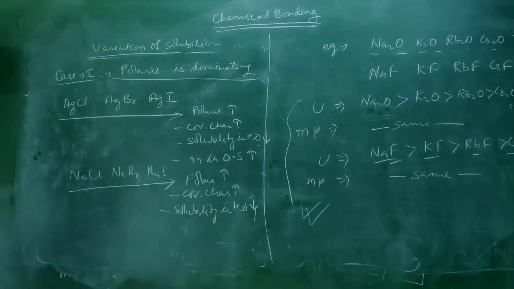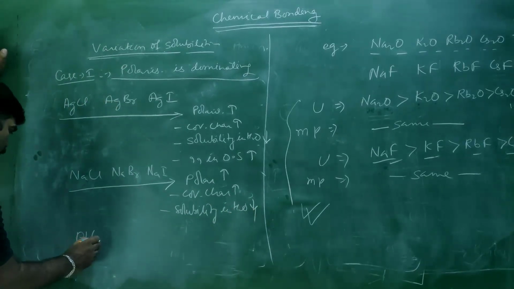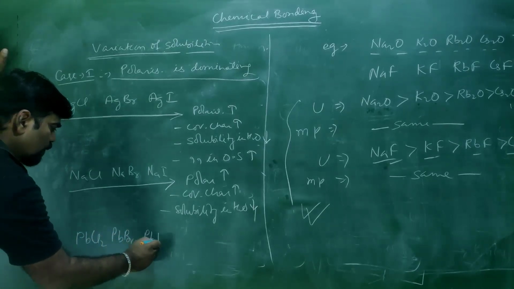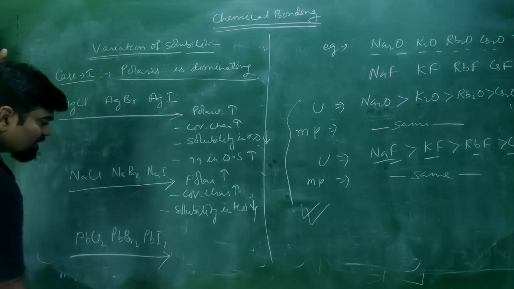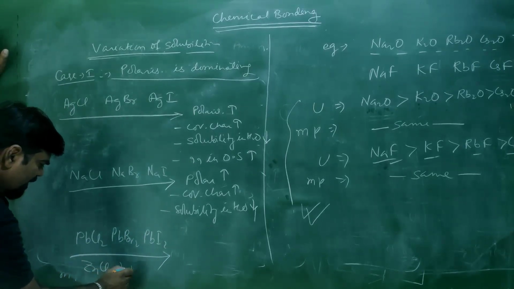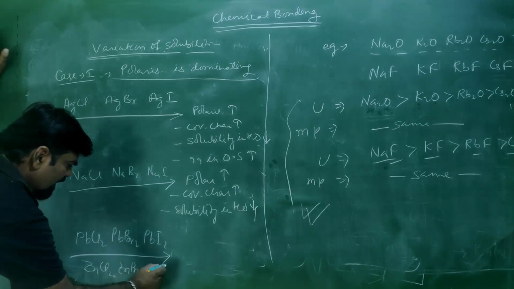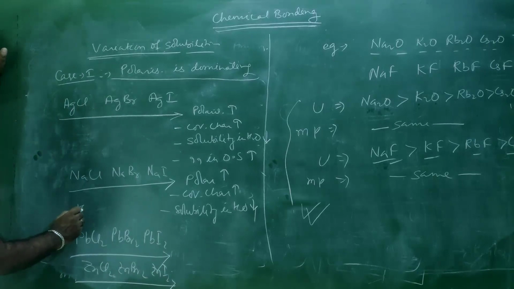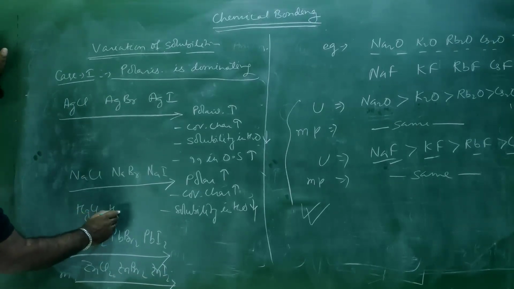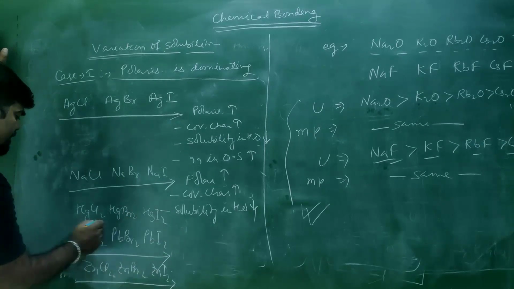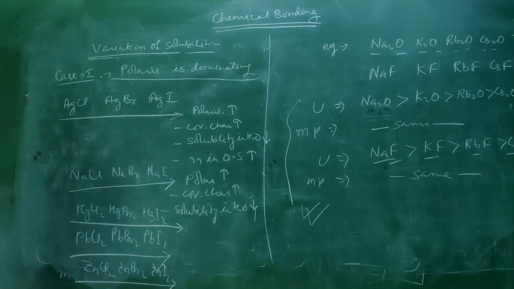Similarly, we will take PbCl2, PbBr2, PbI2. Same trends we can explain. We can say ZnCl2, ZnBr2, ZnI2, same case we can explain. We can take HgCl2, HgBr2, HgI2, same case we can explain.